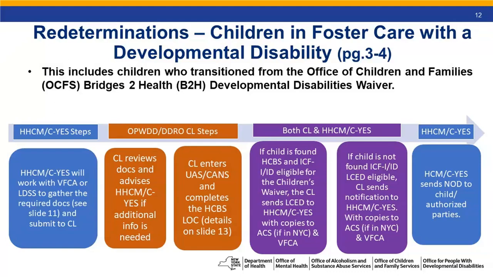If the child is not found ICF-I LCED eligible, the Children's Liaison sends the notification to the Health Home Care Manager and CES with copies to ACS if the child is in New York City and the voluntary foster care agency. Now, this is important to note. If they are not found ICF-I eligible, they are no longer eligible for children's waiver services. So the last step shows that the Health Home Care Manager or CES sends an NOD to the child and authorized parties, which documents this result.